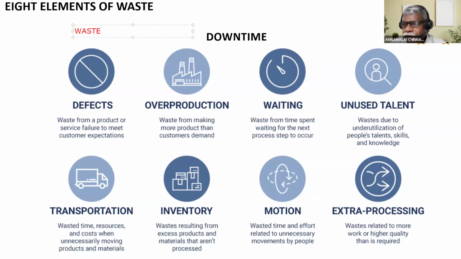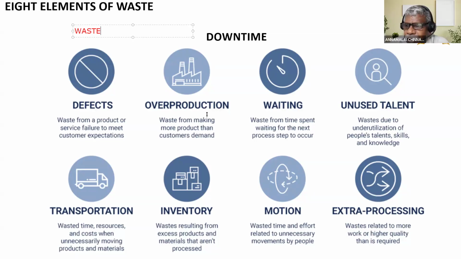When I say waste, immediately what comes to our mind is scrap, whatever we are doing in the process. But that actually is not the only waste. There are 8 types of waste according to lean, and these 8 wastes can be remembered by remembering the word DOWNTIME.